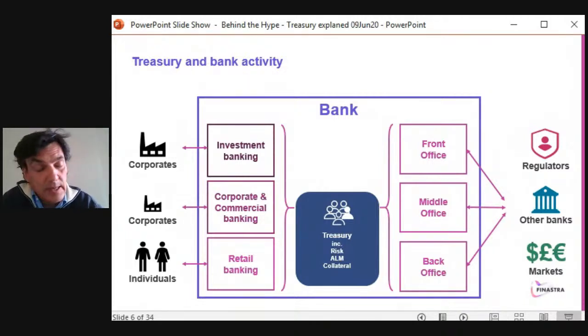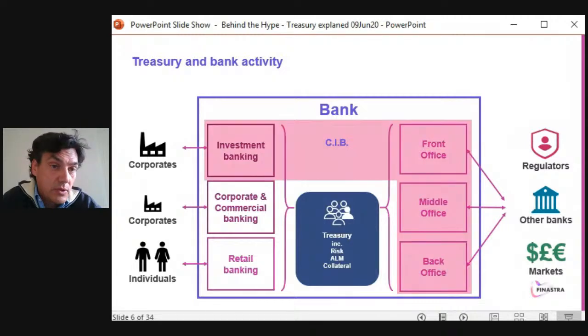Now, depending on the size of the bank, you may sometimes have what we call the corporate and investment bank. This is where you can find pictures of the very big dealing rooms. Just to give you an example, when I was at Bank of America Merrill Lynch, the dealing room in London alone was made of two floors, and each floor had 900 people.